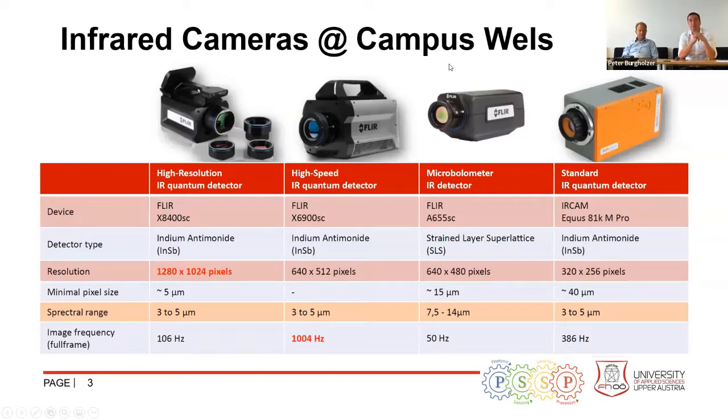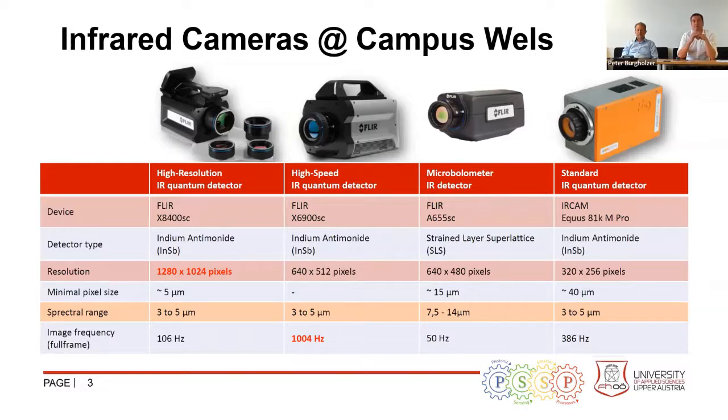This is our equipment at the University of Applied Sciences. We have different quantum detector cameras and also some microbolometers, which are the best cameras on the market up to now. Here you can see a camera with a very high spatial resolution, meaning we have more than 1,000 detector elements in each direction.